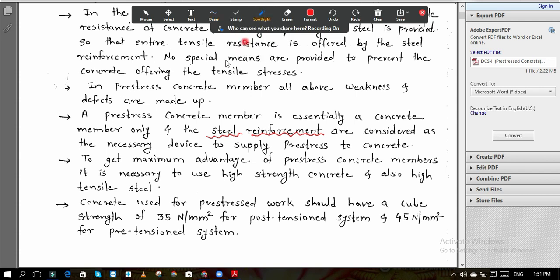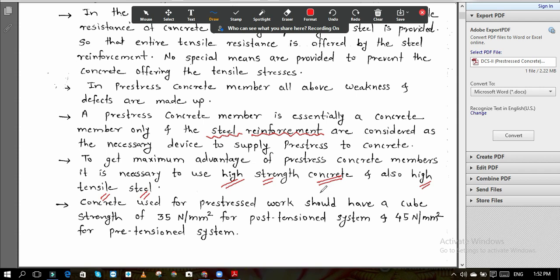To get the maximum advantage of pre-stressed concrete members, it is necessary to use high strength concrete and also high tensile steel. So you need to use a high grade of concrete and a high grade of steel.